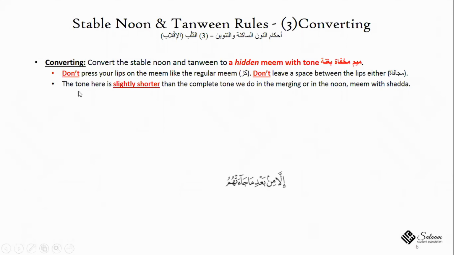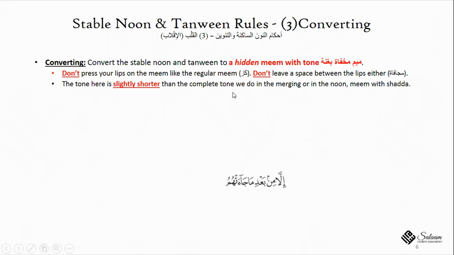Here the tone is a little bit shorter. If you remember, last time when we were discussing merging, the meme and noon with shadda, we said that the tone is the longest tone that you can give to a letter, with noon with shadda and meme with shadda, while merging. But while performing the meme here in iqlab, the tone will be slightly shorter.